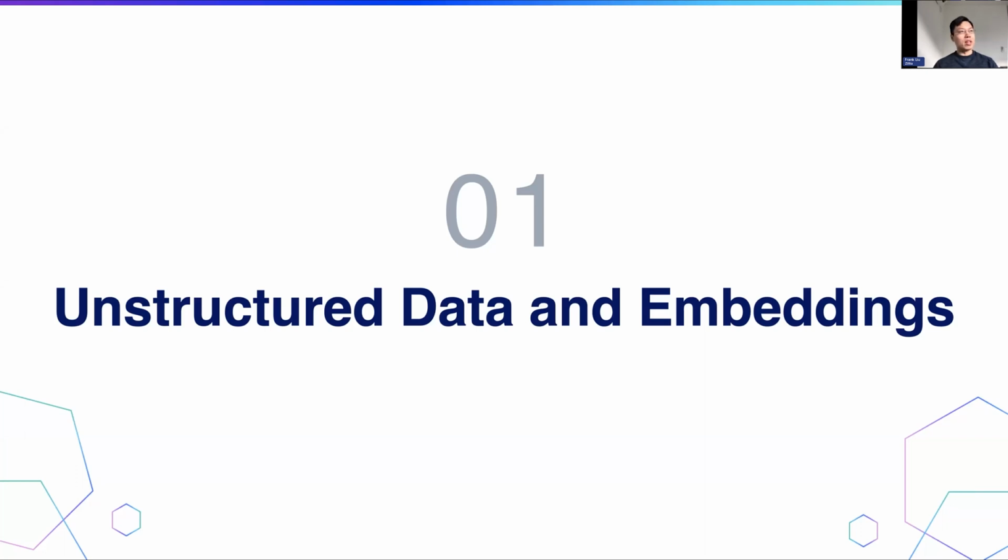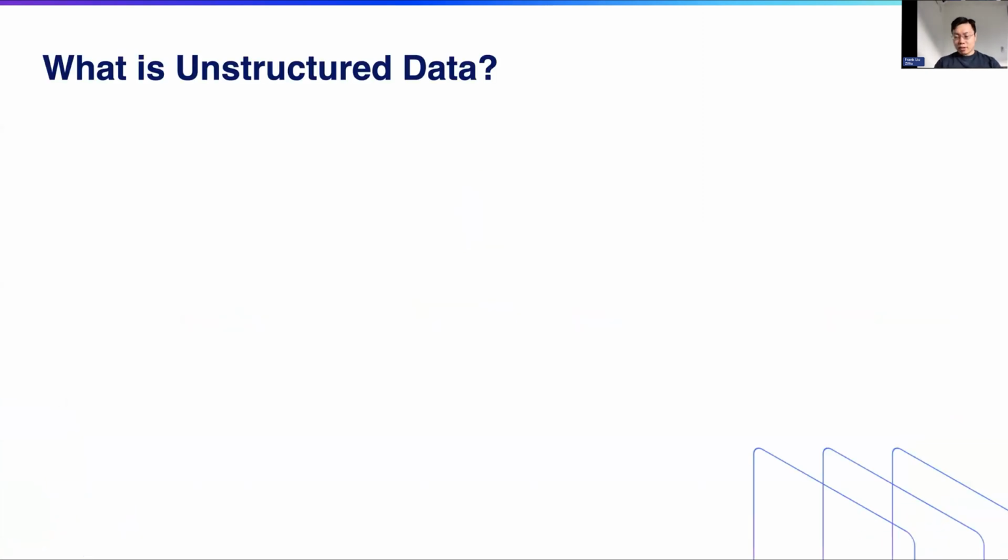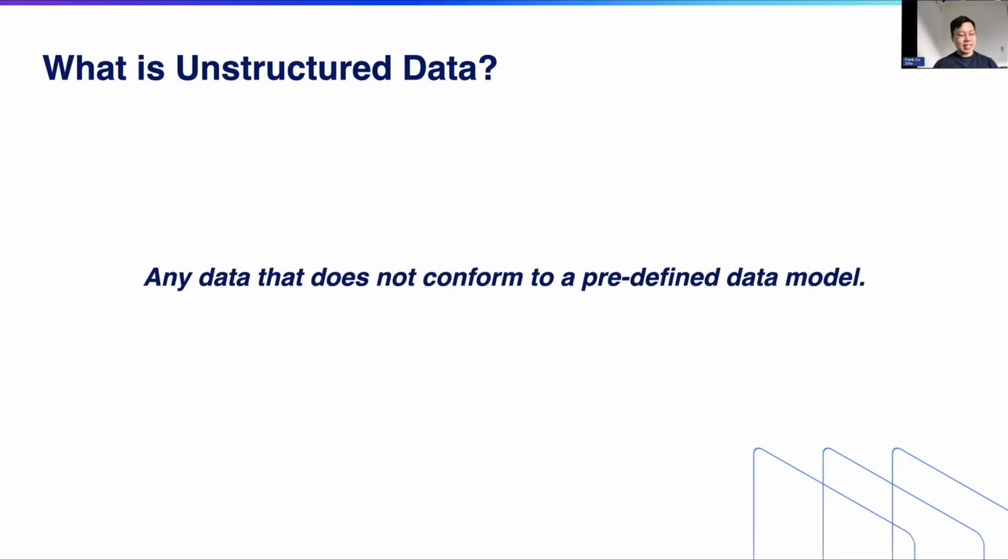First, I'll talk a bit about unstructured data and embeddings. I do realize that for some folks here, it might be more of an introductory topic, but I think it would be good to go over so that we have a good baseline understanding of what the motivation behind vector search really is. Unstructured data is any data that does not conform to a predefined data model. Now, what does that mean?